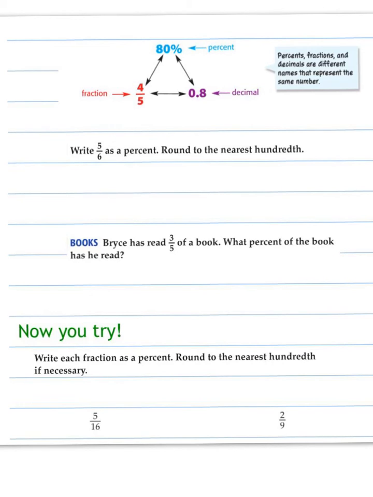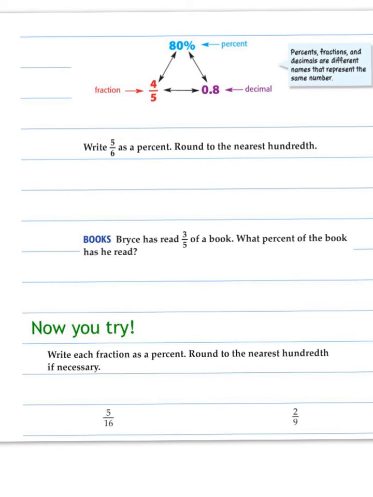All right, so here we have a little diagram that shows us how we move between fractions, decimals, and percents. We can go back and forth between them. And percents, fractions, and decimals are different names that represent the same number. So we have 5/6, which is a fraction, and we want to write it as a decimal, or as a percent, rounded to the nearest hundredth. So what we need to do, following our chart, is go to decimal form first.